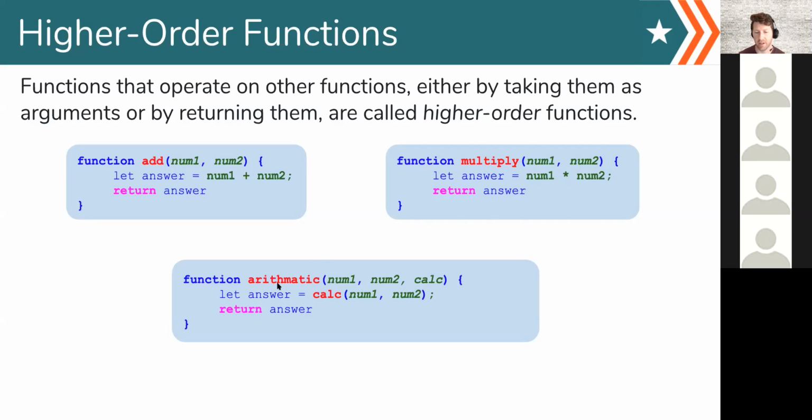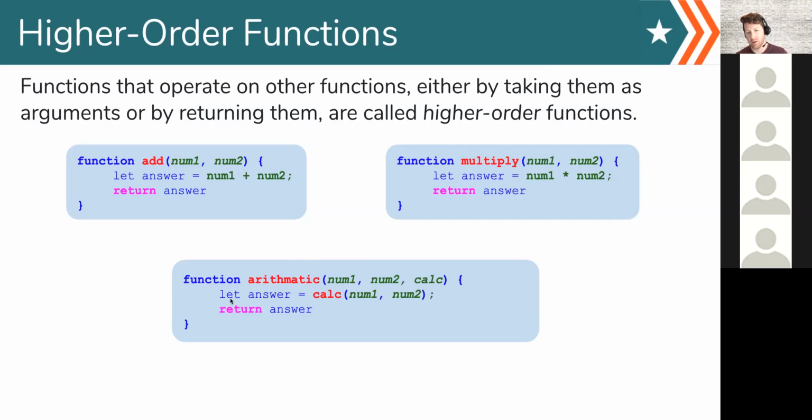But now we have what is called a higher order function right here. It's called arithmetic. It takes in two numbers, num1 and num2, as well as a third argument called calc. And calc is a function that we're going to pass into it.